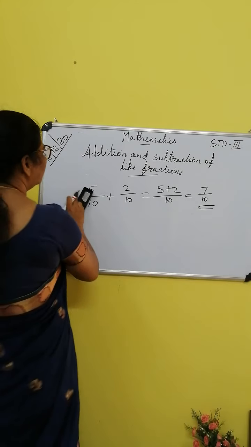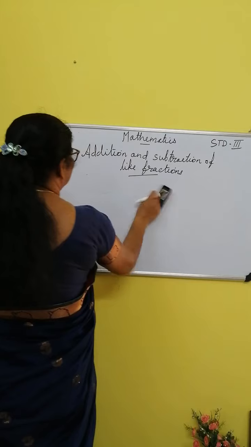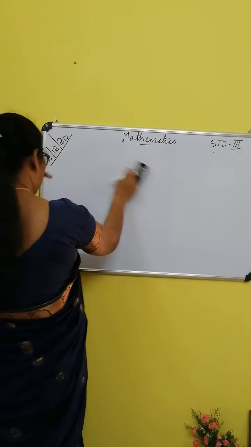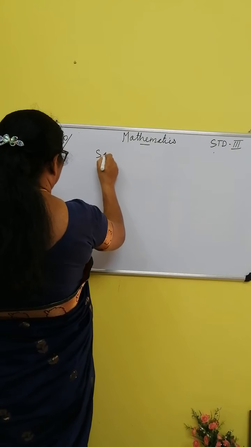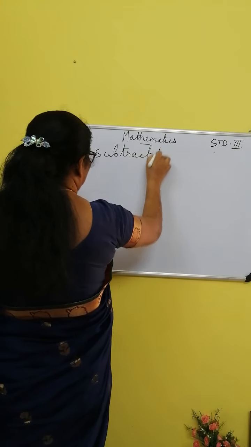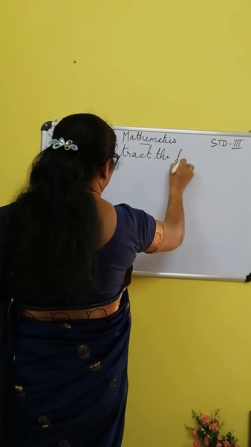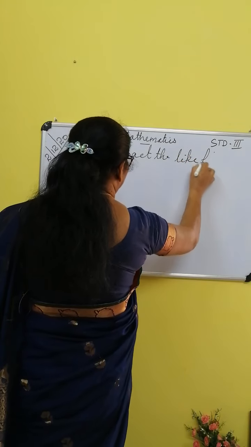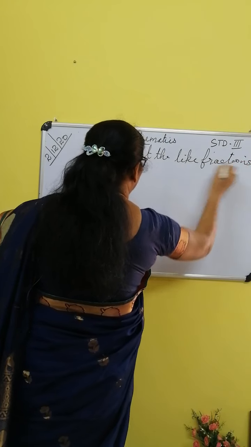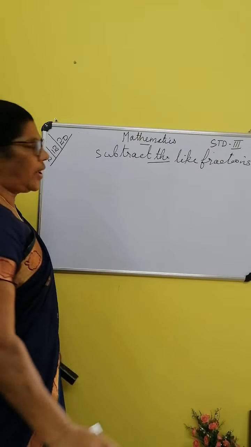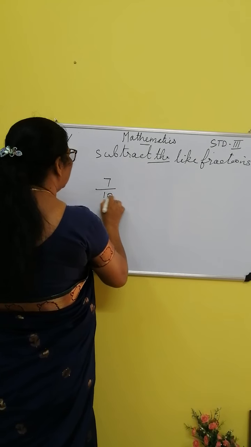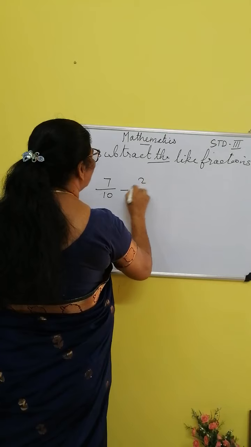Okay, now let us subtract. Subtract the like fractions. 7 by 10 minus 2 by 10.